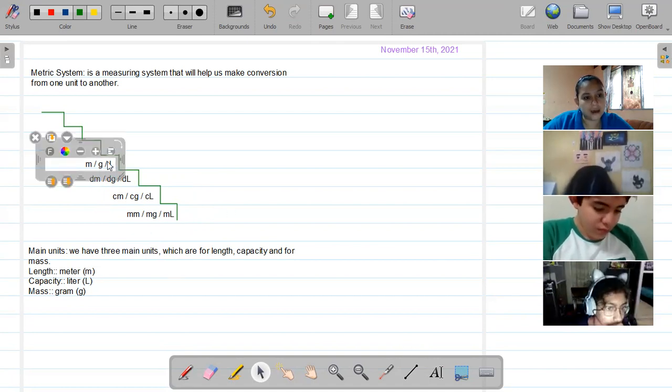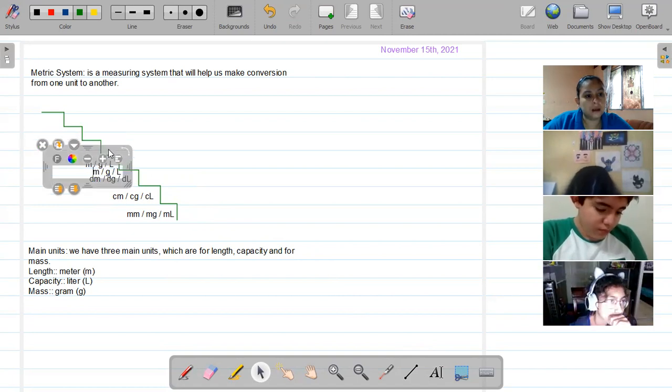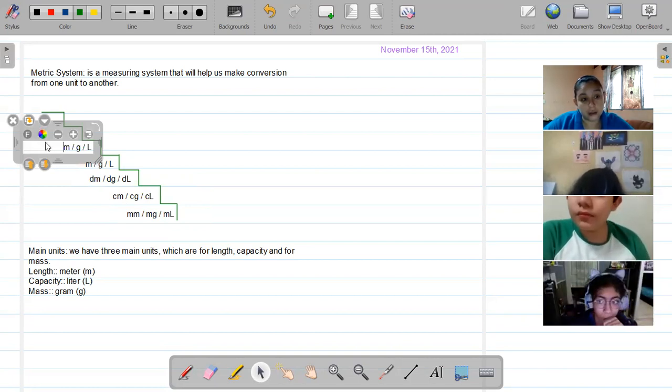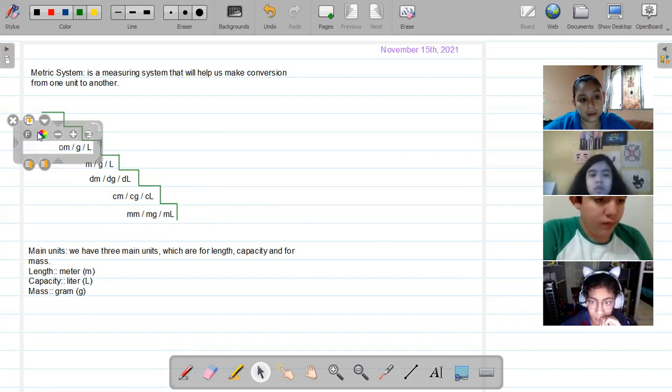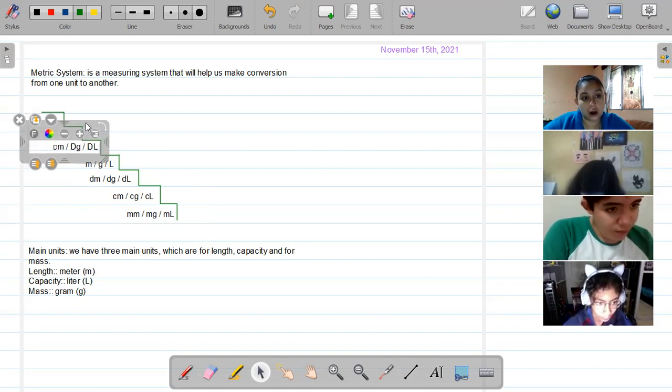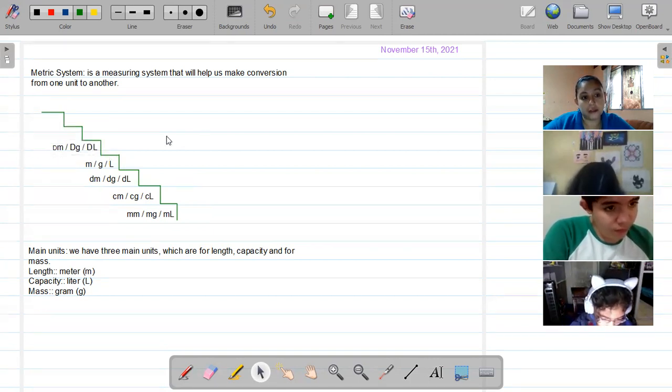Now let's go with the big units. Now the big units are going up. These are with capital letters. Decameter, because it's a capital D, decagram, and decaliter. Those are the big units on the first step going up.